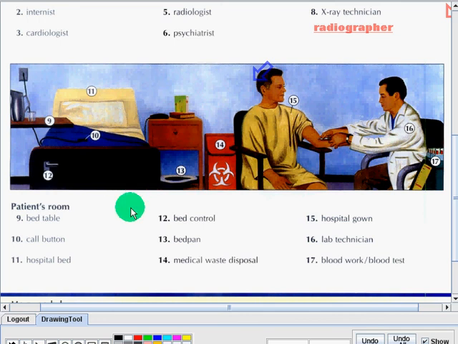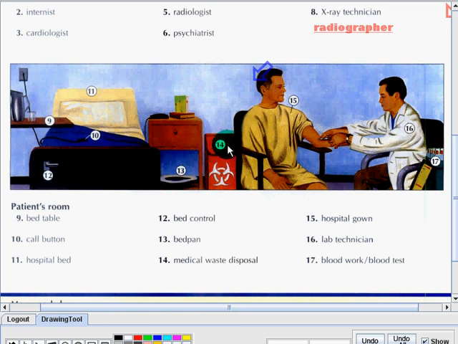Next we have the bedpan. A bedpan is a shallow pan used as a toilet by a person who cannot get out of bed. That's the purpose of a bedpan.